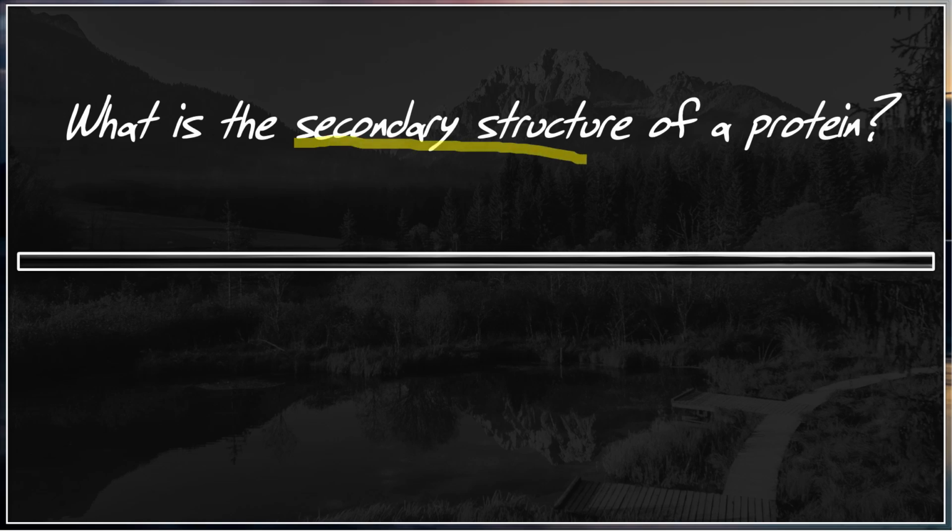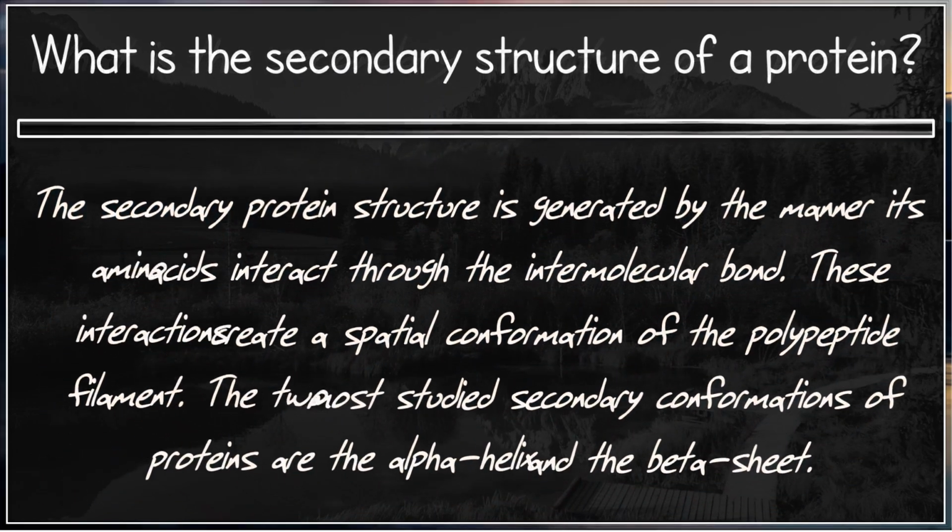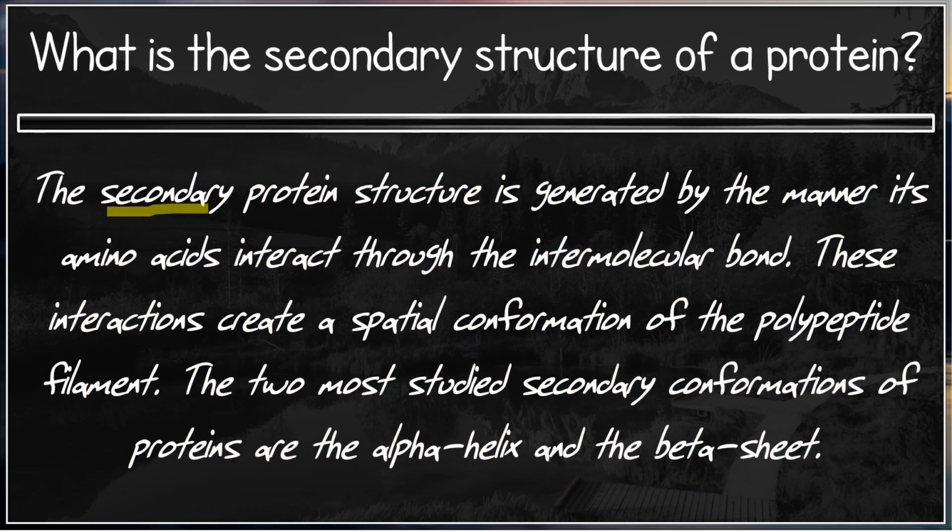What is the secondary structure of a protein? The secondary protein structure is generated by the manner its amino acids interact through the intermolecular bonds.